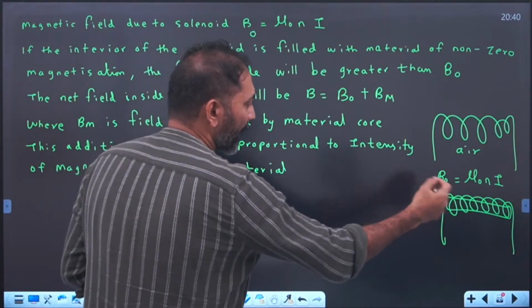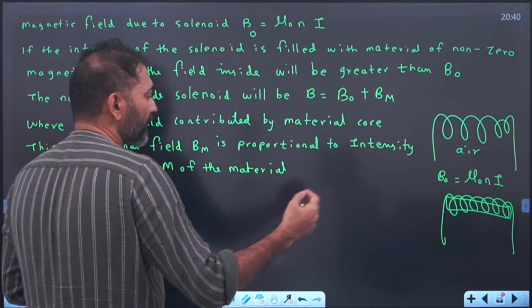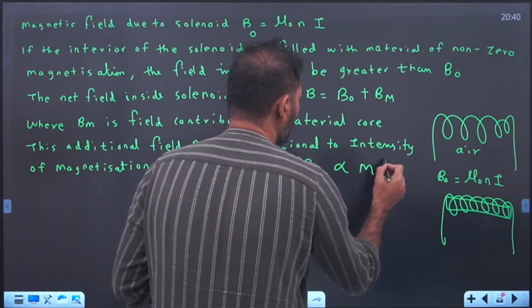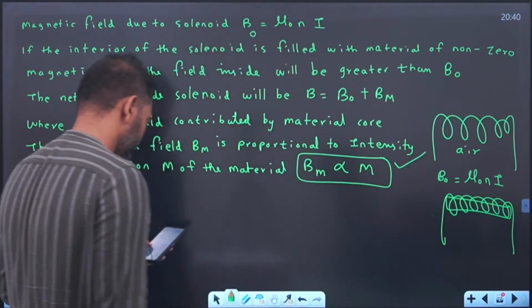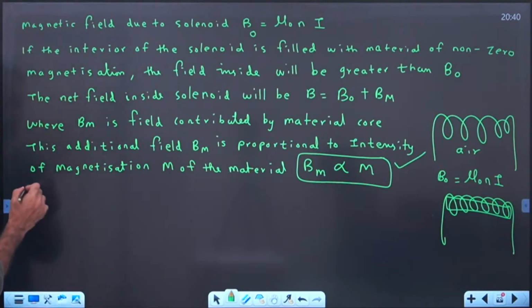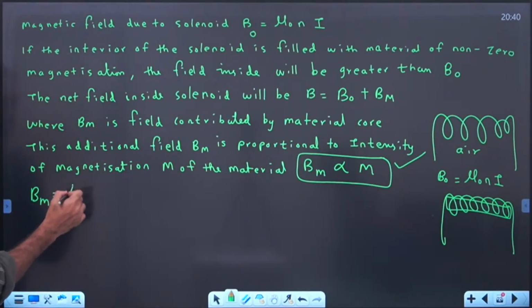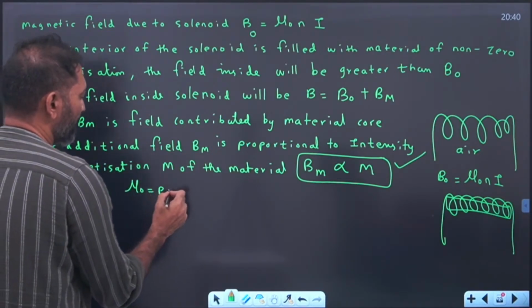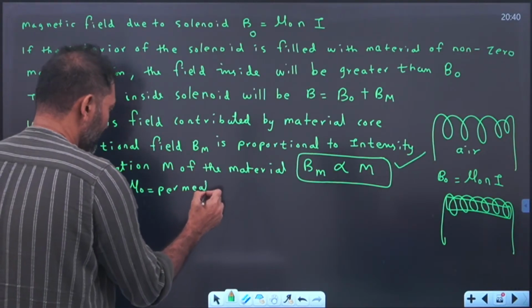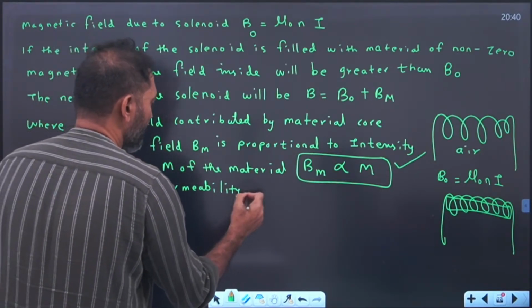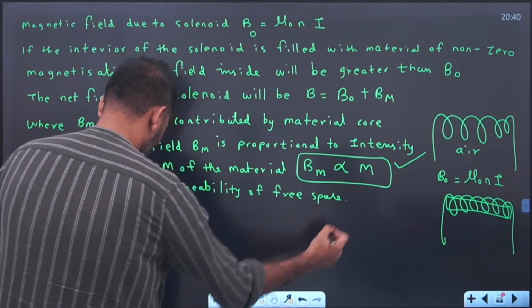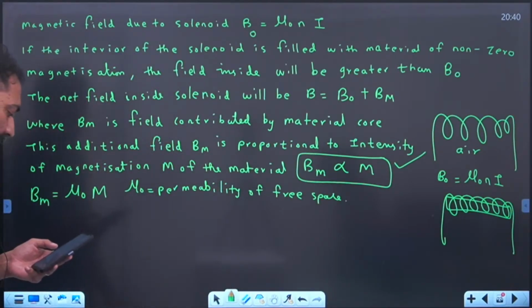Material means the iron rod or any other thing which we are inserting. So Bm is directly proportional to M. So Bm is equal to mu 0 M, the proportionality constant being mu 0. What is mu 0? Permeability of free space.